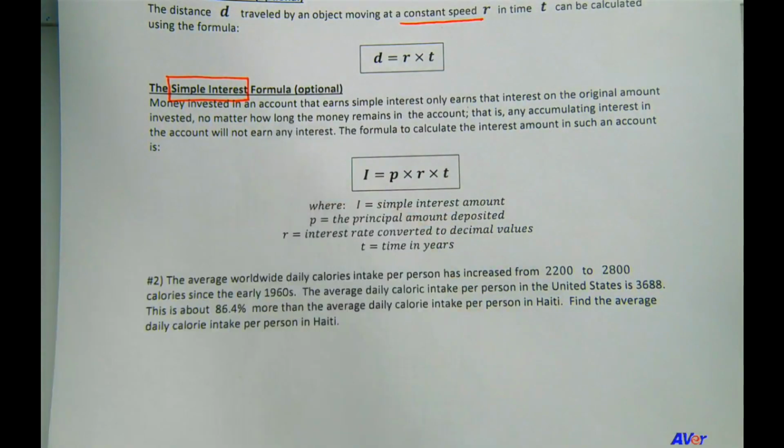It's just saying that if you invest $1,000 at 5% interest for the next 10 years, the interest that you earn annually on that $1,000 with 5% interest, it's going to be $50 every year. It's not going to change.